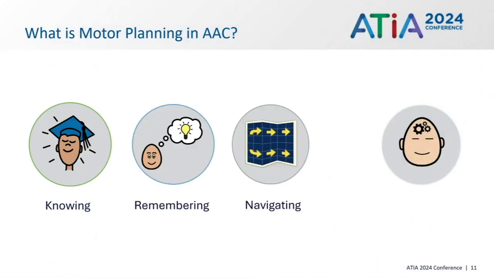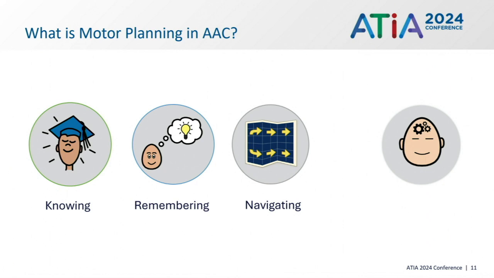Okay, so when we talk about what is motor planning in AAC, if this feels like a new concept for you, I'm not going to go into the depths of it. But when we talk about motor planning within Tobii Dynavox and TD Snap, we talk about this idea of automaticity. And Lauren, my colleague over here, she likes to talk about how automaticity gives us and our communicators a little bit more cognitive real estate when it comes to communicating.